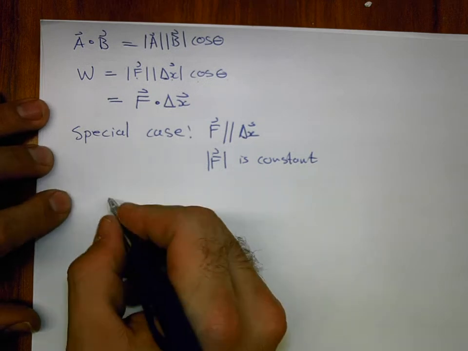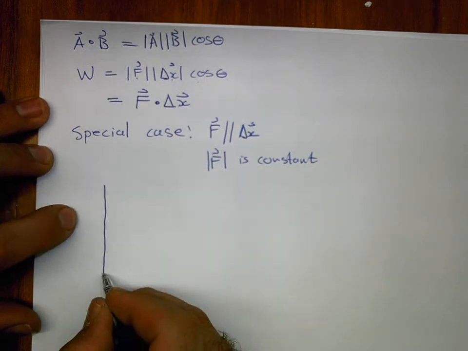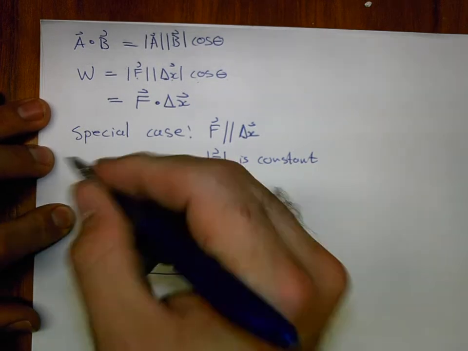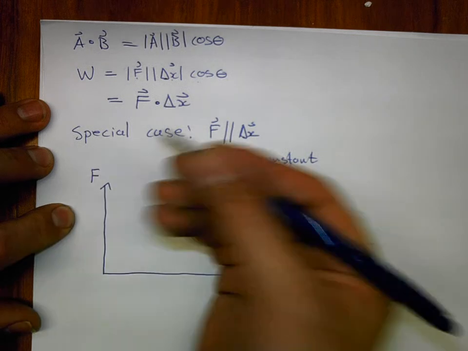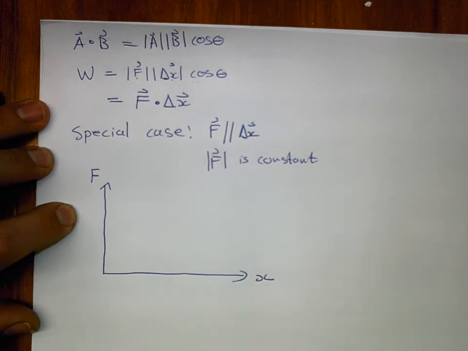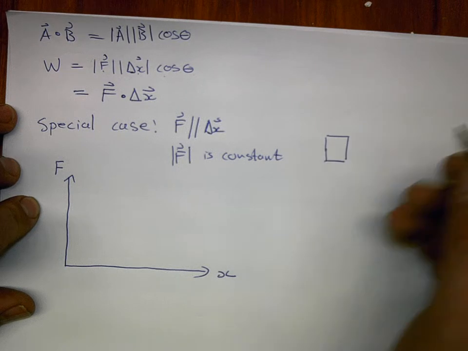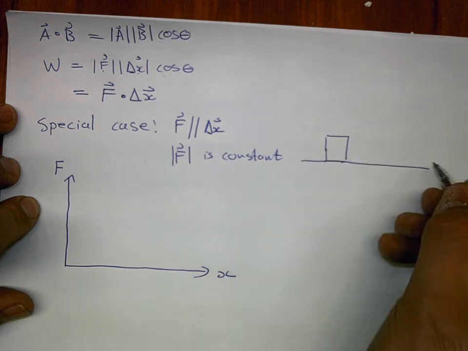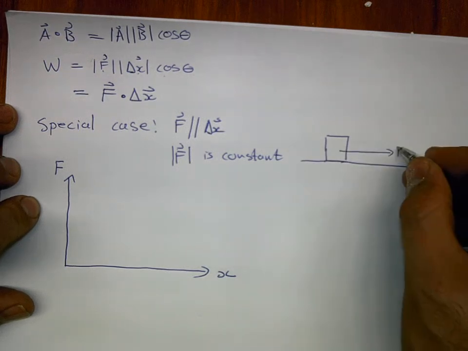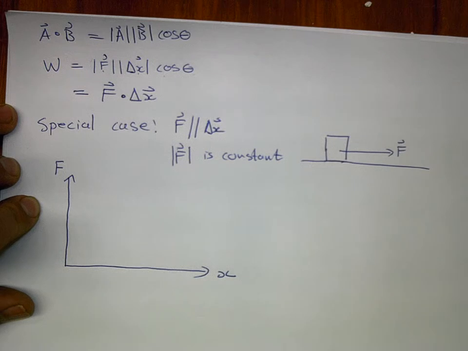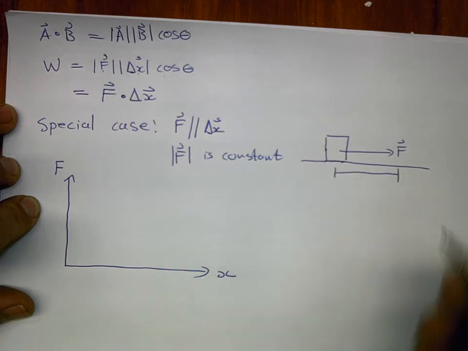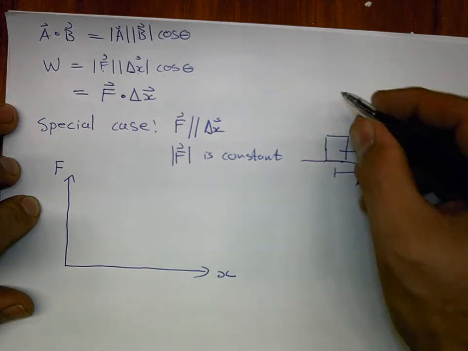So what this means is, if I were to draw a graph of the force and the position of whatever object it's acting on, let's just get ourselves a picture. Let's say that's a box. This force is being applied in that direction, and it causes a displacement like that.